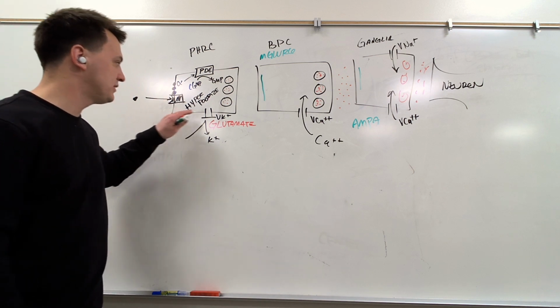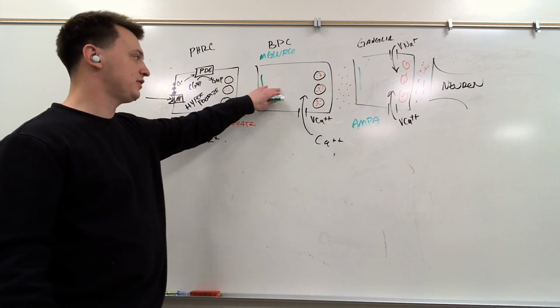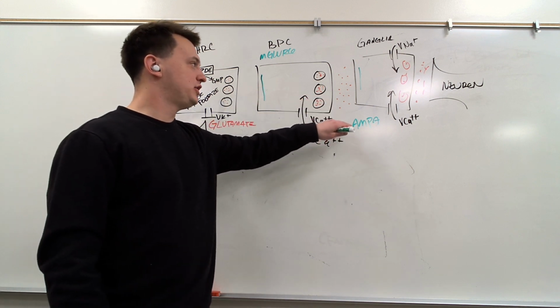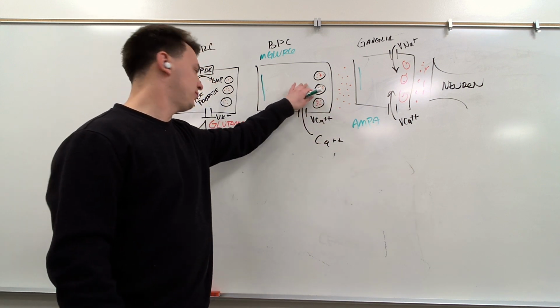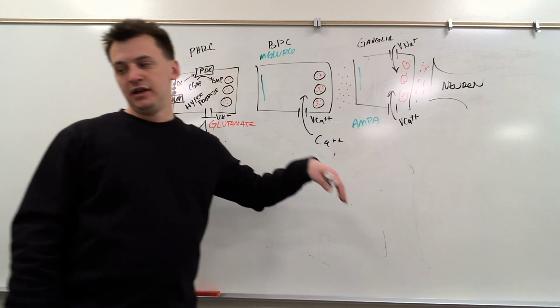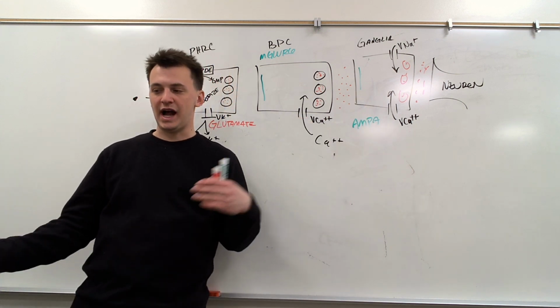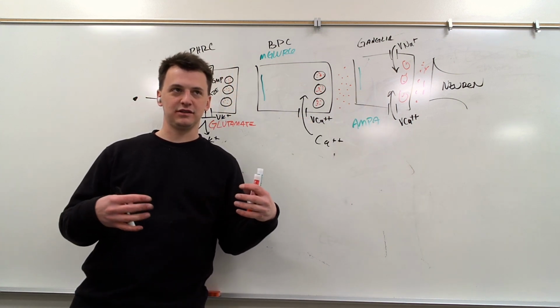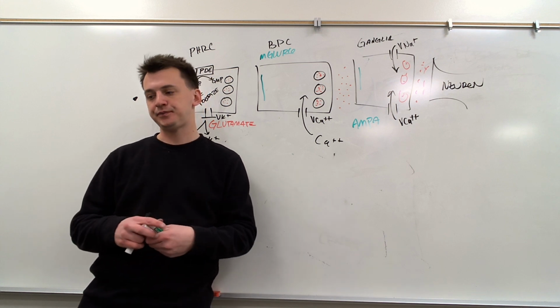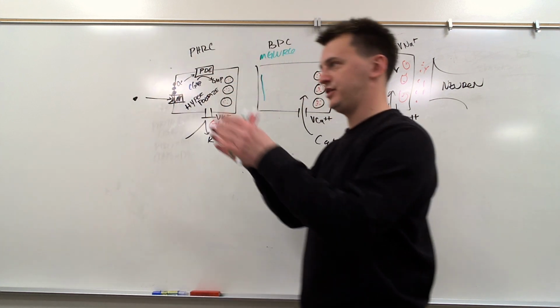So what happens is glutamate is released here, activating mGluR6, which does not release glutamate here, and AMPA is released. So what happens here is opposite, right? And so this helps us see edges.